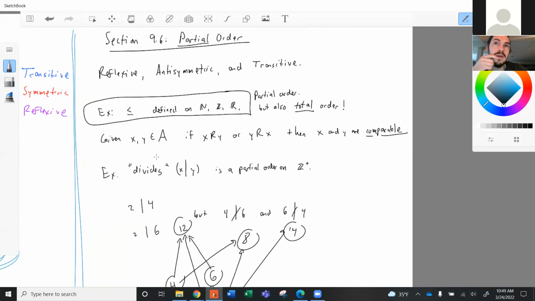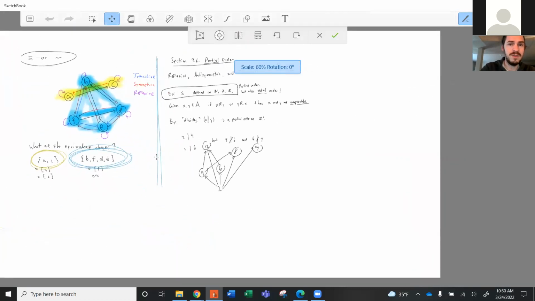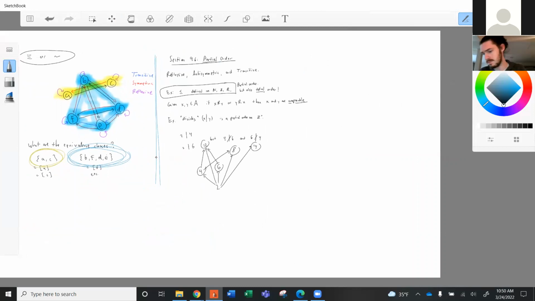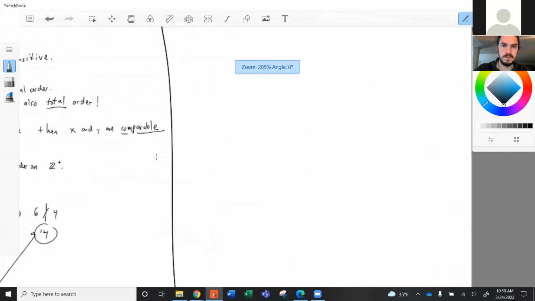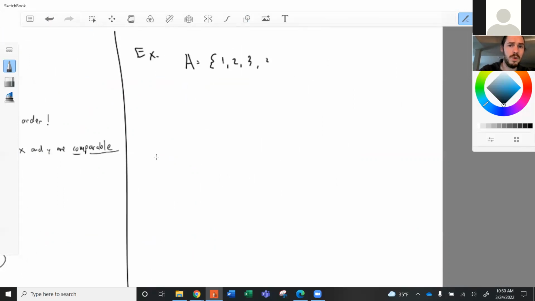This can also be used to define order on things that seemingly elude the notion of ordering, like elements of a power set. So take, for example, say you have a set A, and it contains 1, 2, 3, and 4.